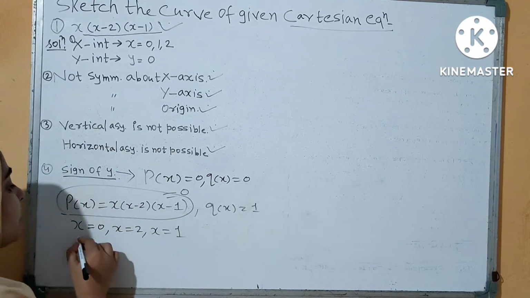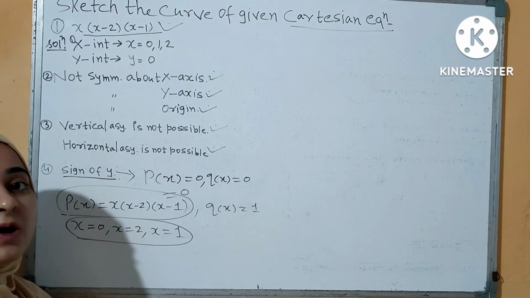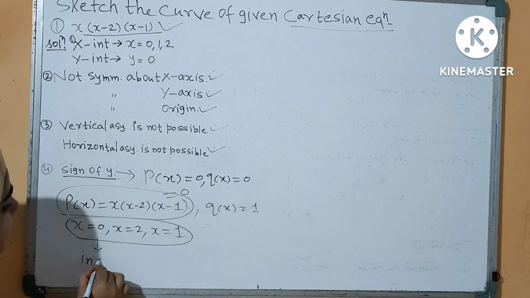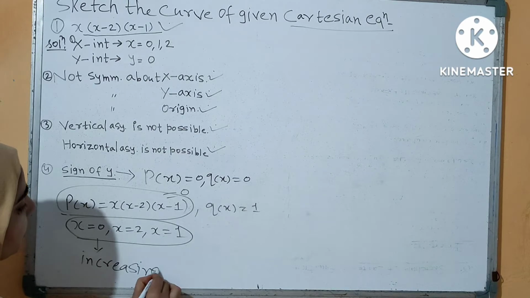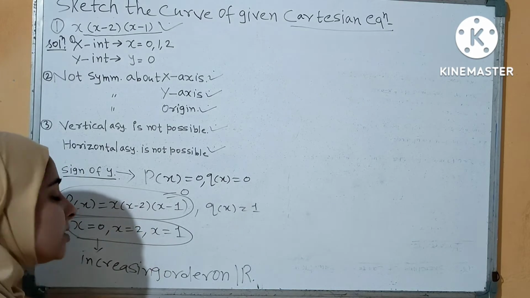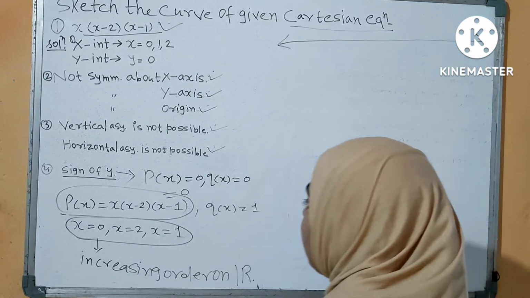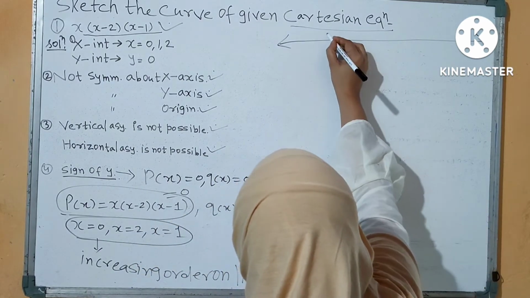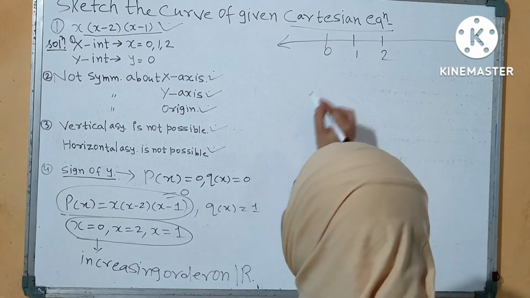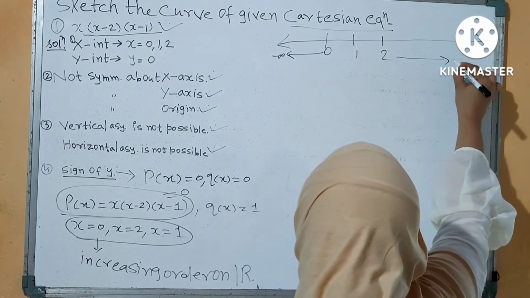Now you have to put these elements in increasing order on the real line R. So you are left with this kind of line, and you put 0, 1 and 2. On the left side you go to minus infinity, and on the right side you go to plus infinity.